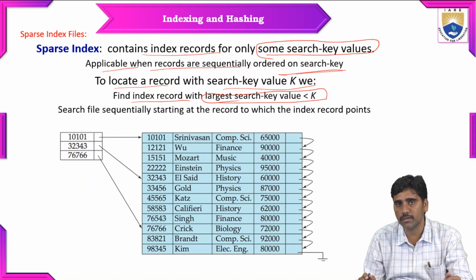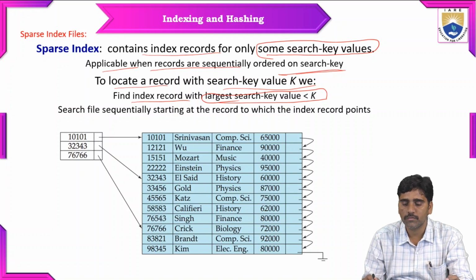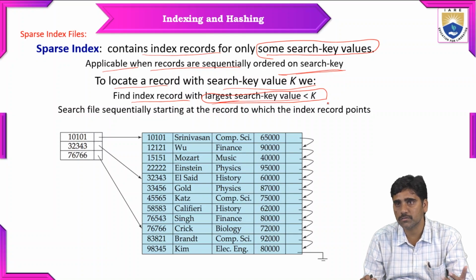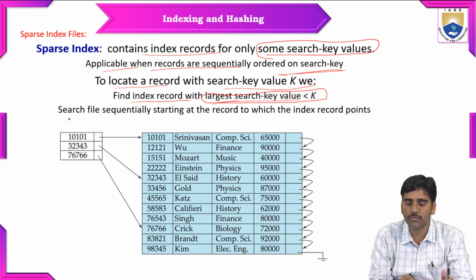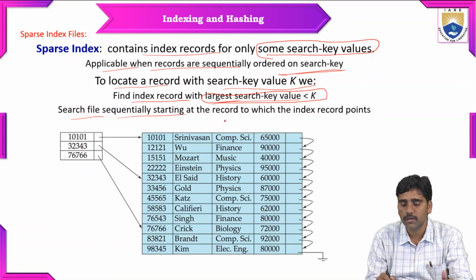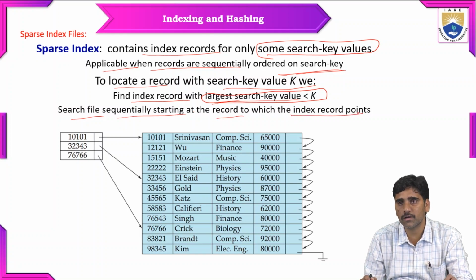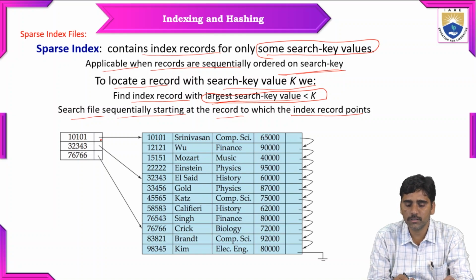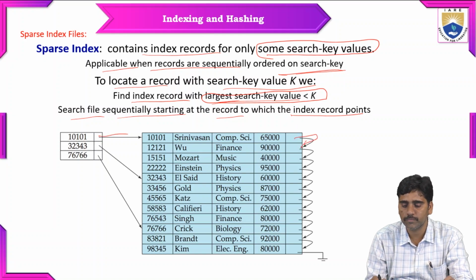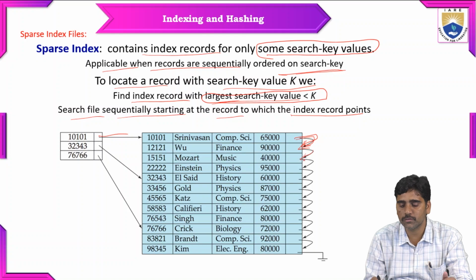So we need to find that index record with the largest search key value less than k. So k is nothing but the search key, which contains the largest search key values less than k. Then we search the file sequentially starting at the record to which the index record points. So here is the search key, and this is the index record. This index record points to the next index record, and this one points to the next index record.